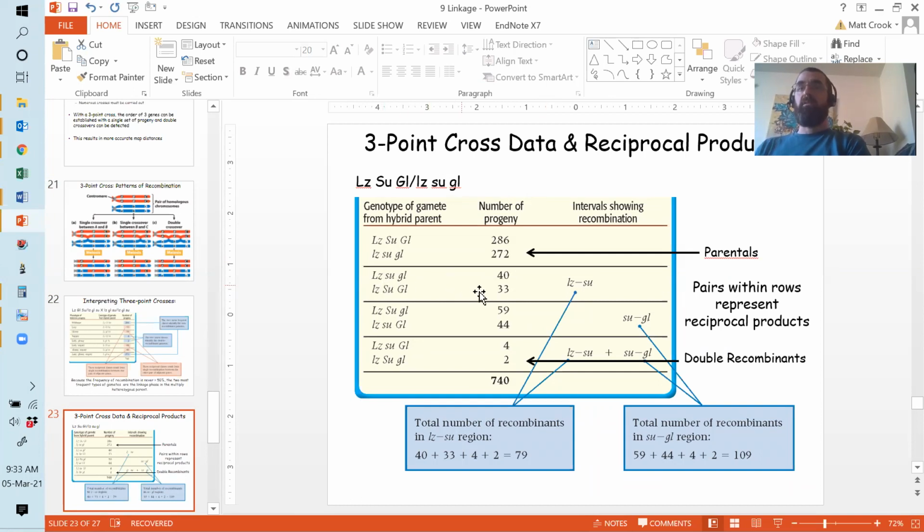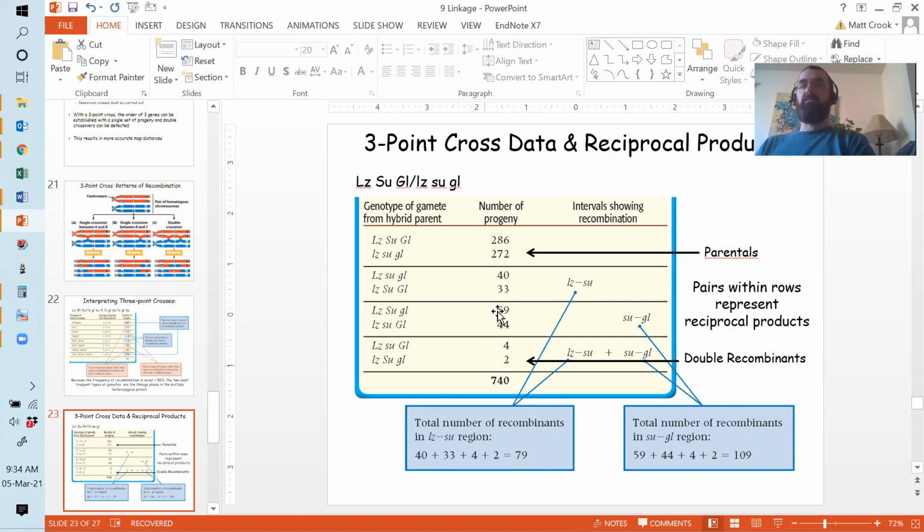So now it's going to be these two numbers, because these are the reciprocals of each other, and these two added together. It's 40 and 33 from the singles, and 4 and 2 for the doubles, which is 79. Recombination frequency is always the number of recombinants over the total number of progeny.